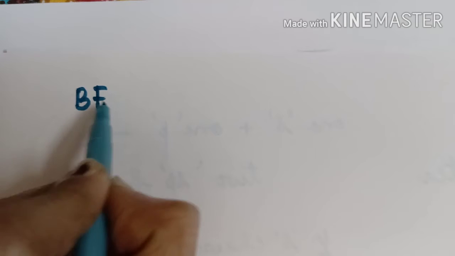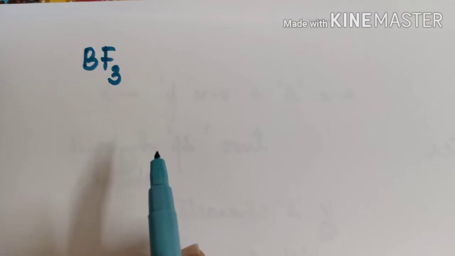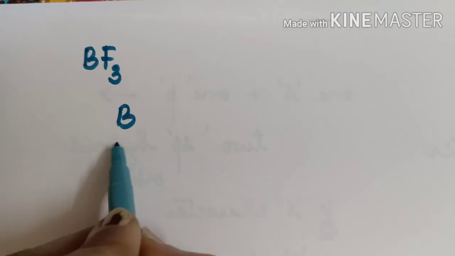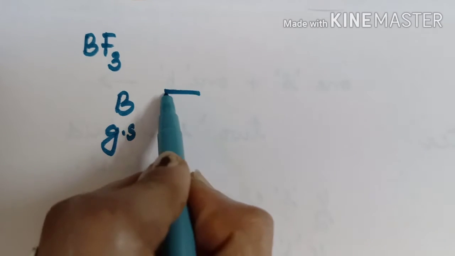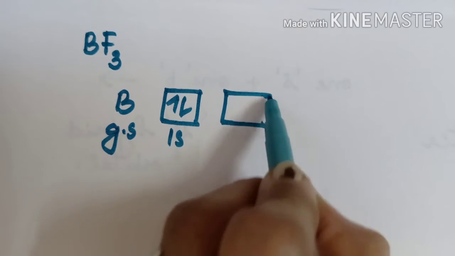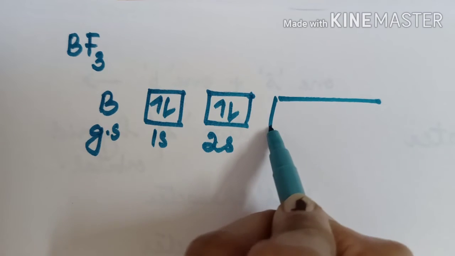Now we shall take another example, boron trifluoride. Which is the central atom here? It is boron. What is the ground state configuration of boron? The ground state electronic configuration will be 1s2, 2s2 and 2p1.